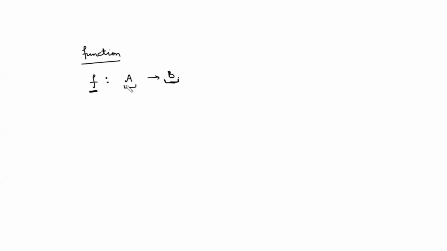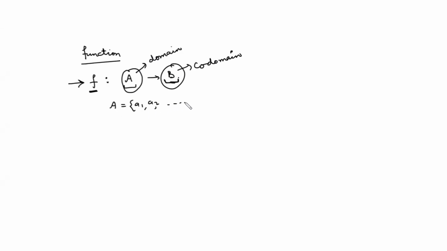Every element in A has an image in B. So if this is a mapping, a function going from one set to another set, this set is said to be the domain set, and this set is said to be the codomain set. And the image set: let's suppose set A has elements A1, A2, and so on.